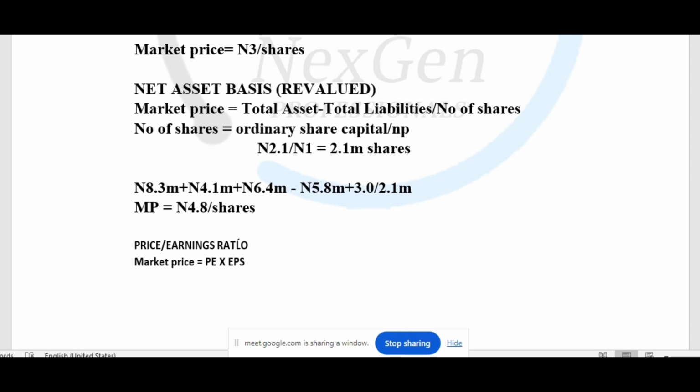In this question, earnings per share is not given, so we need to determine it first. Class, what is our formula for calculating earnings per share? Profit after tax, minus preference dividend, over the number of ordinary shares.